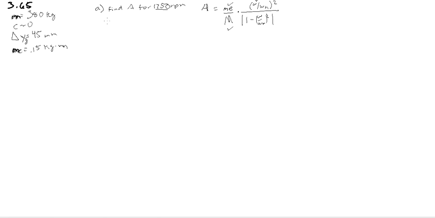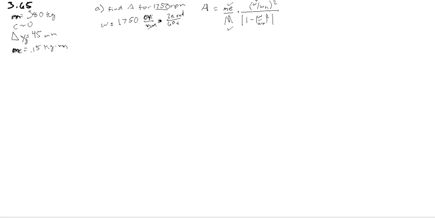We have it, but it's in the wrong units. We've got 1750 cycles per minute. So we want to multiply this by 2 pi radians per revolution over 60 seconds per minute.